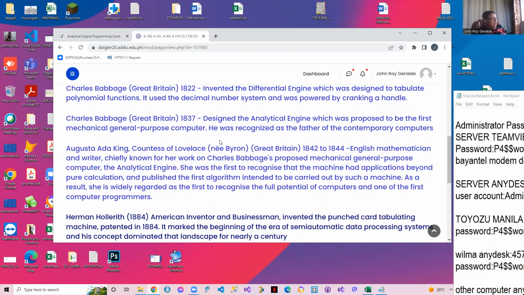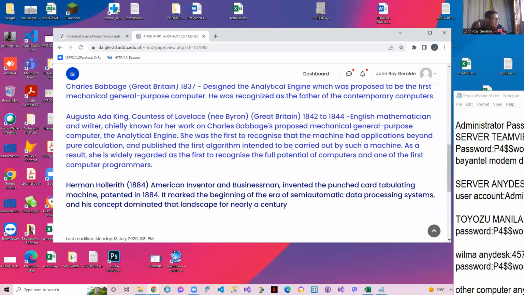Her name was Augusta Ada King, Countess of Lovelace in Great Britain. So these are the two most significant inventions during that time: there was a computer and there was a computer programmer. Do you follow?